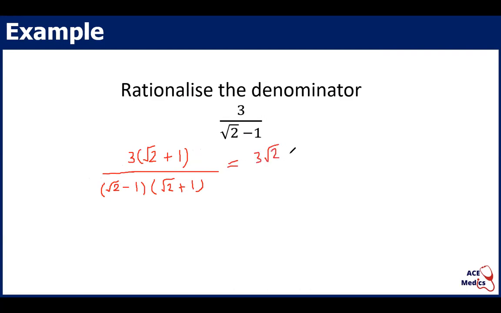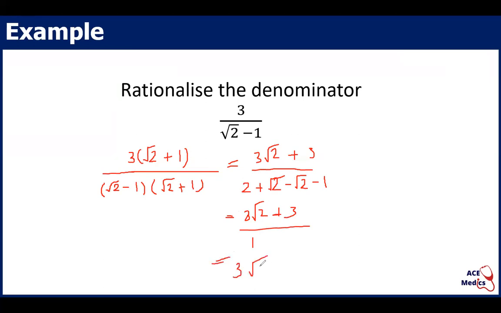We're going to have 3 root 2 plus 3 over, okay, firsties, 2, outies, plus root 2, innies, minus root 2, lasties, minus 1. Okay, then we need to simplify, so we're still going to have 3 root 2 plus 3 on the top, over 2 minus 1 is 1, and we've got plus root 2 minus root 2, that's 0. So it's dividing it by 1, so our answer is 3 root 2 plus 3.